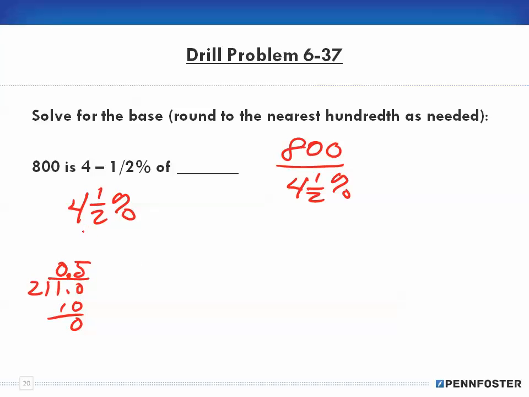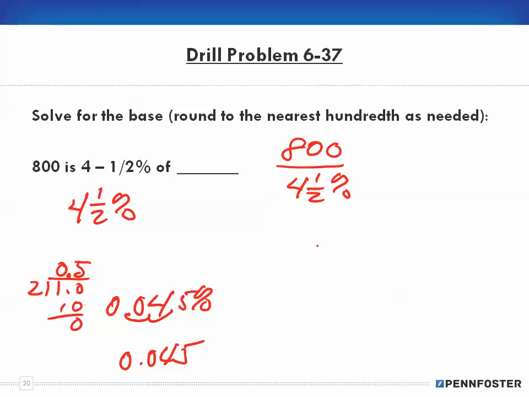So that means my fraction is now 4.5%. Okay, let me just rewrite that a little bit in a different space. So we end up with 4.5%. Move the decimal place over 2 places. So I have 0.045.